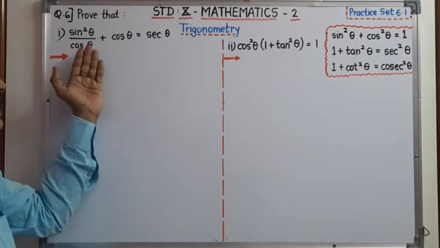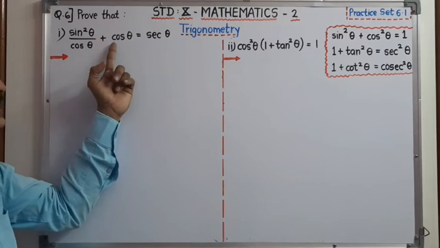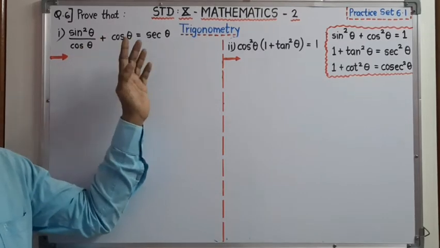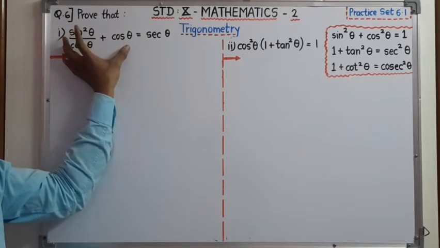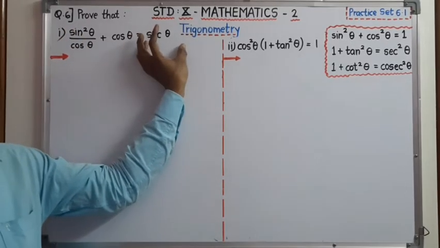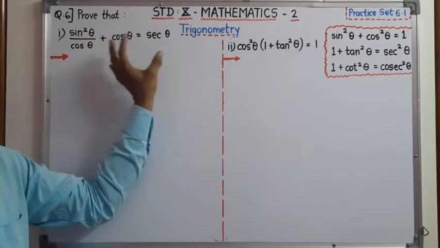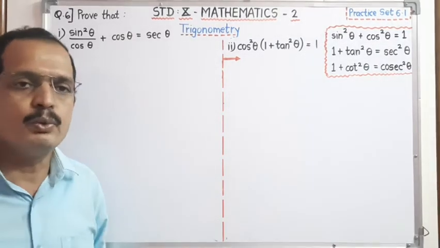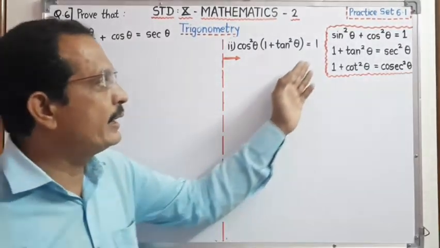We have to prove that sin square theta upon cos theta plus cos theta is equal to sec theta. This is the left hand side, LHS, and this is the right hand side, RHS. We have to prove that LHS and RHS are equal. For that purpose, dear student, we have to use the identities.